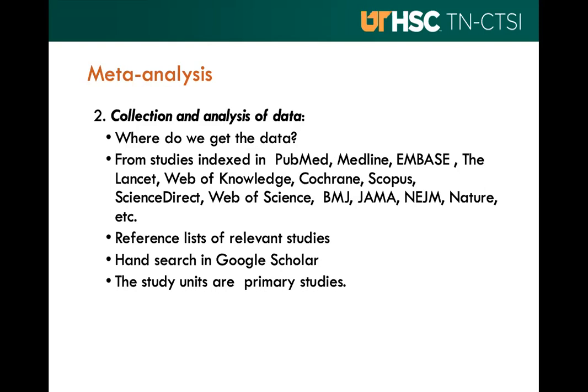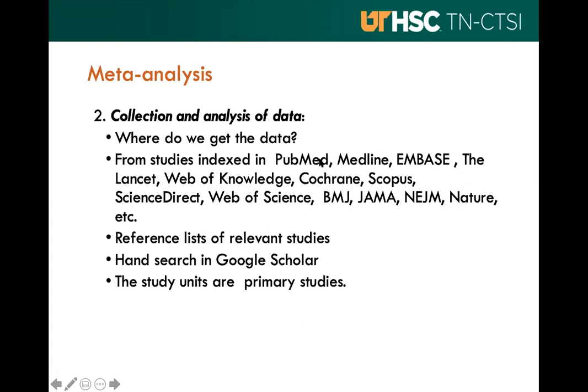So where do we get the data? The data for meta-analysis come from studies indexed in PubMed, which is the National Library of Medicine, maintained by the National Institutes of Health of the United States. It gets studies primarily from Medline, but also from other journals.